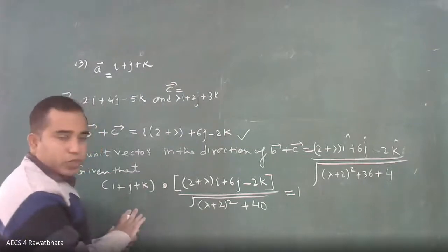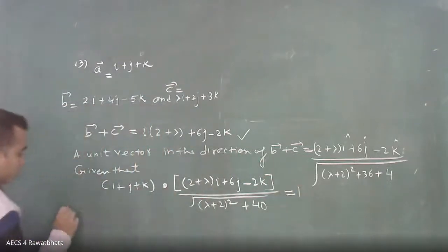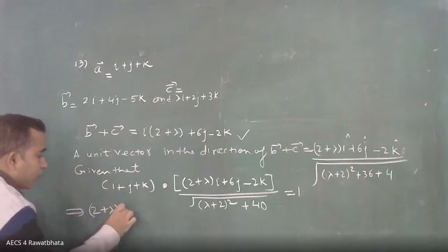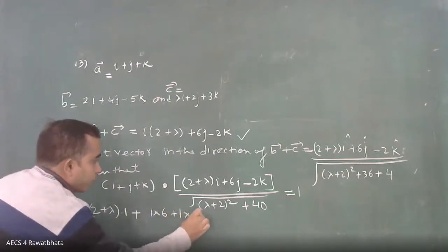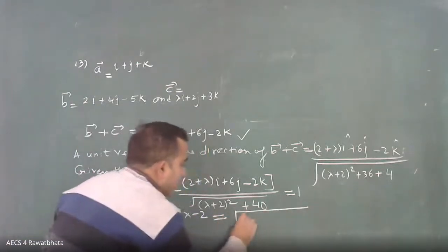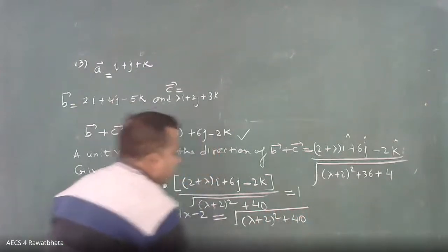Then cross multiply the denominator to the right hand side. This is going to be 1 into 2 plus lambda, plus 1 into 6 plus 1 into minus 2, and this is going to be equal to root of lambda plus 2 whole square plus 14.